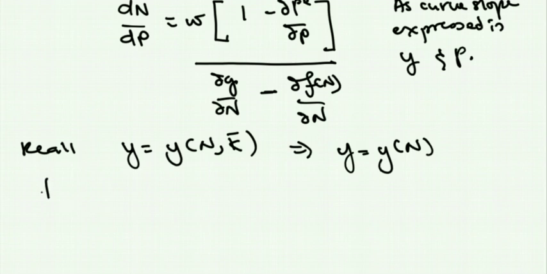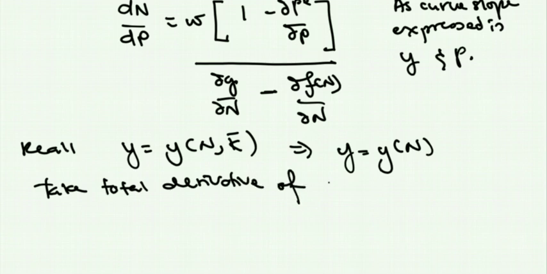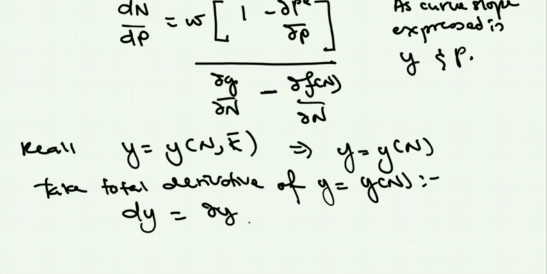Now take total derivative of y equals to yn, then you can have something like this. dy on the left hand side, on the right hand side, delta y over delta n times dn.